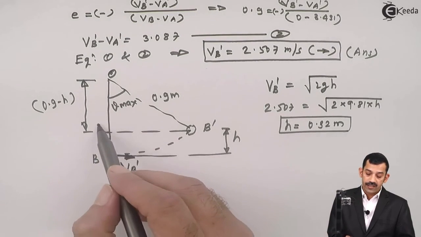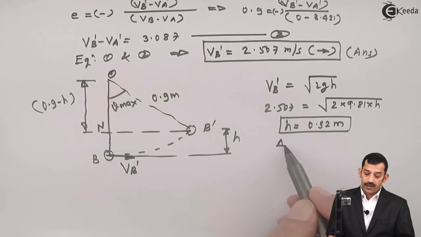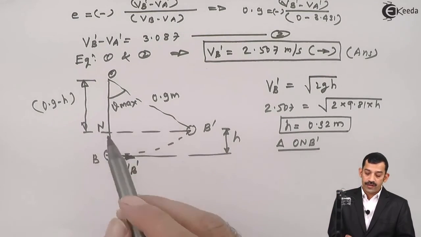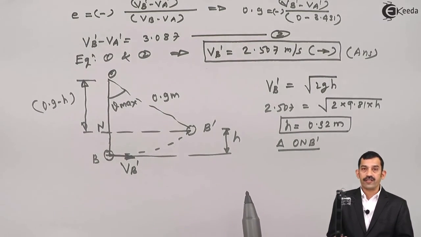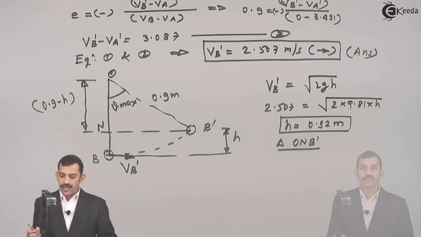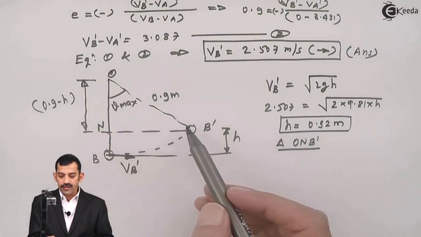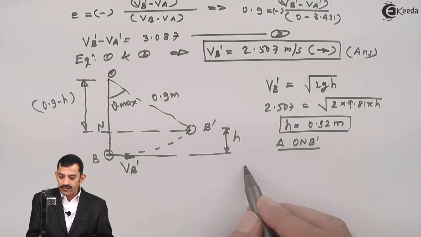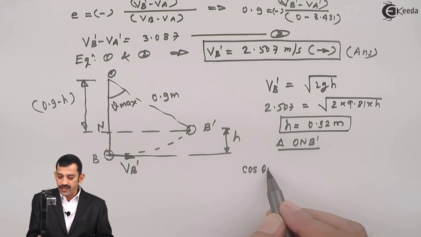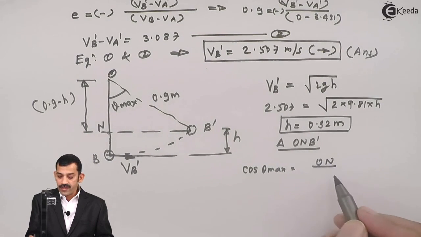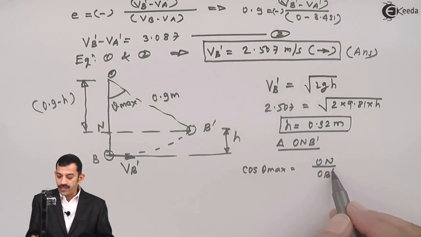In this triangle, say point N, triangle ONB dash, you know the adjacent side ON and you know the length of the hypotenuse OB dash. That means we use cos of theta max equal to adjacent over hypotenuse, which is ON over OB dash.